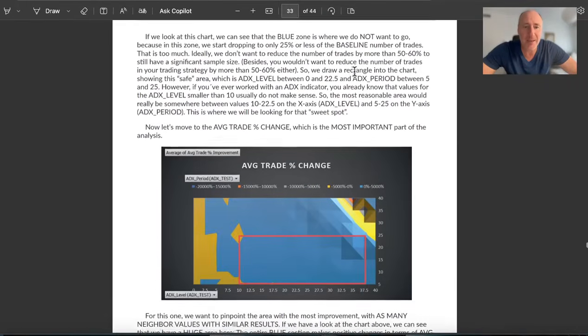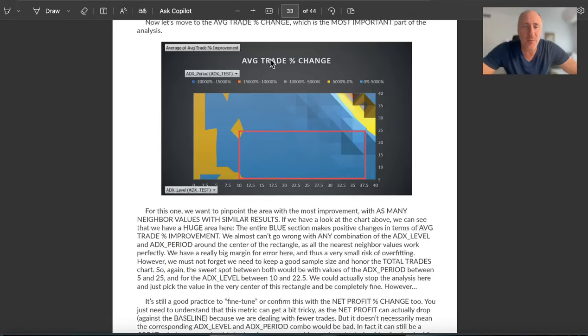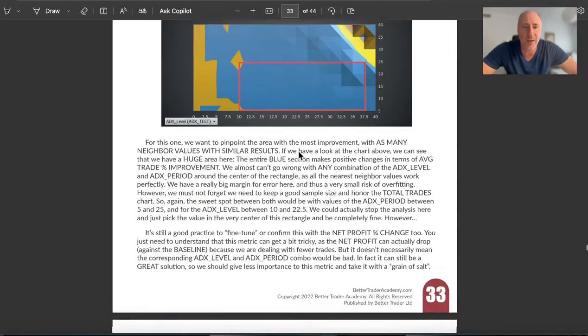And then we basically look for areas where overall we have the strongest improvement of average trade. Okay, so we can see the middle here would probably be 22.5 versus 15. So 15 would be the period, and about 22.5 would be the threshold, and that gives us the biggest improvement of average trade.